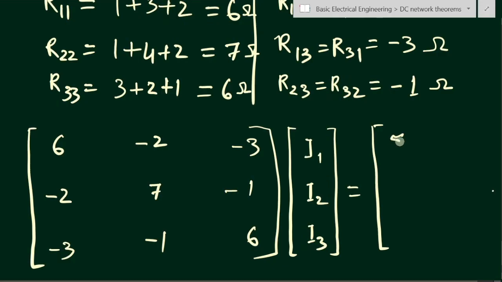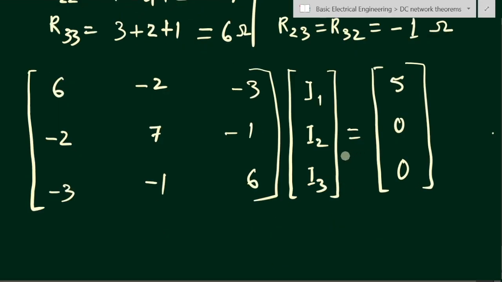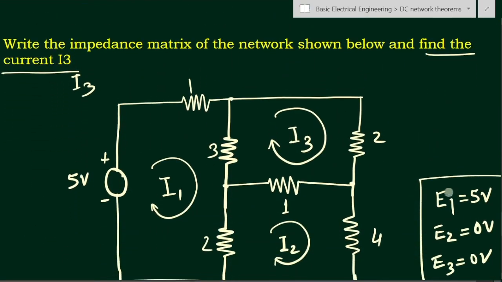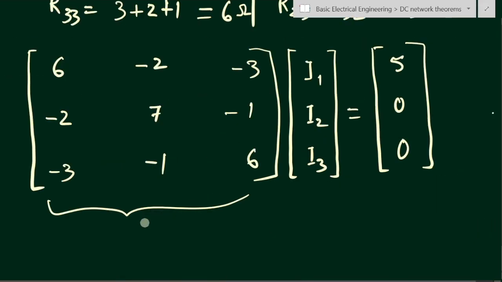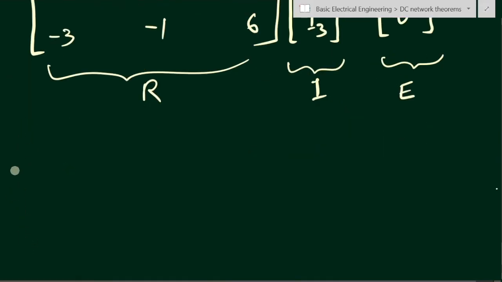So here we'll have 5, 0, 0. From this we have to find the determinant of this matrix, and from that we will find the I3 value, because in the question we have to find the current I3, the third loop current. This is the R matrix, this is the I matrix and this is the E matrix. So here we'll have delta, which will represent the determinant of the matrix.